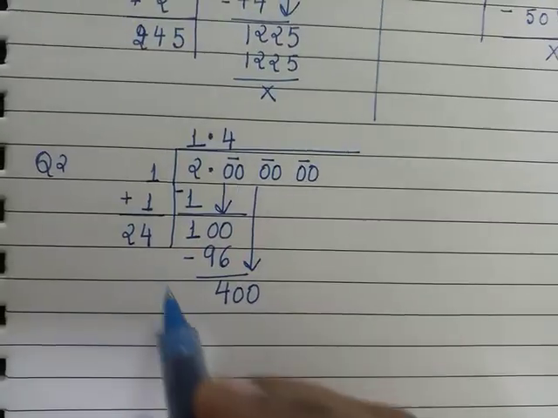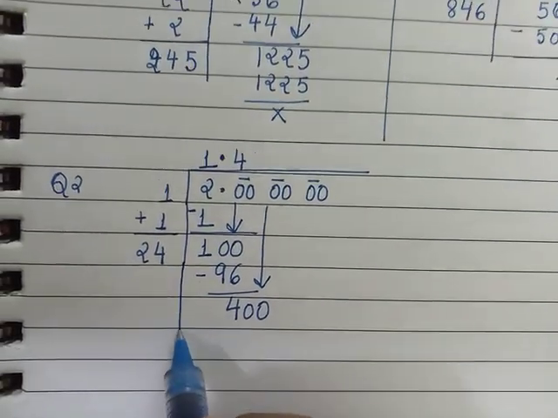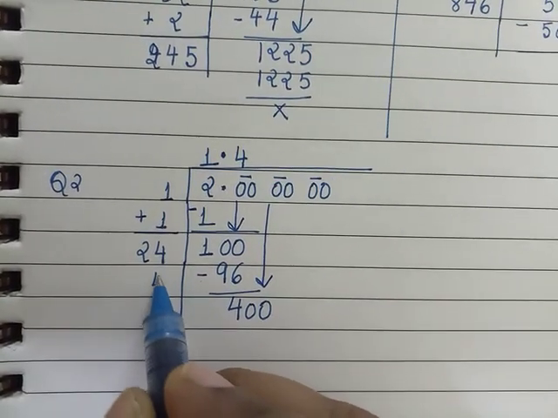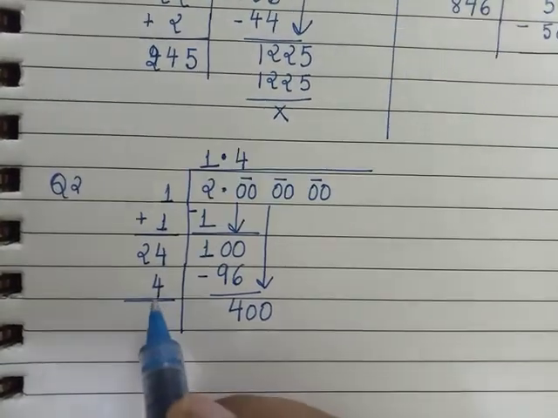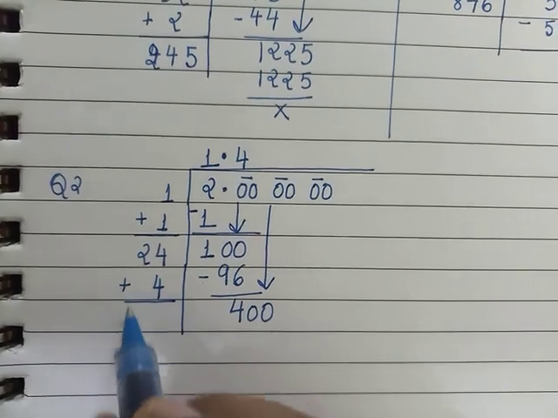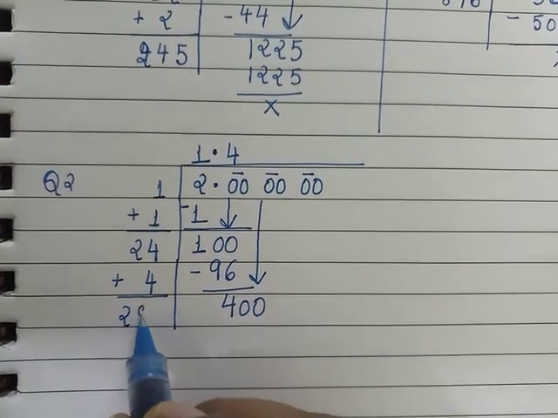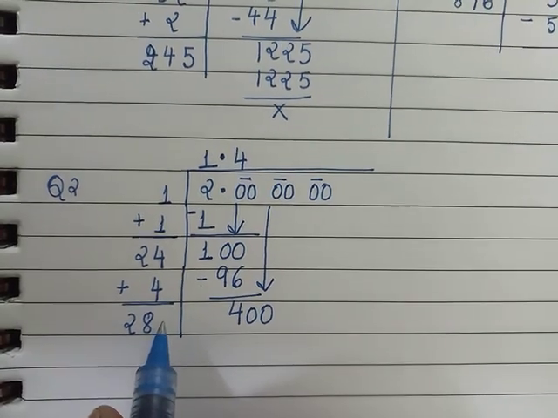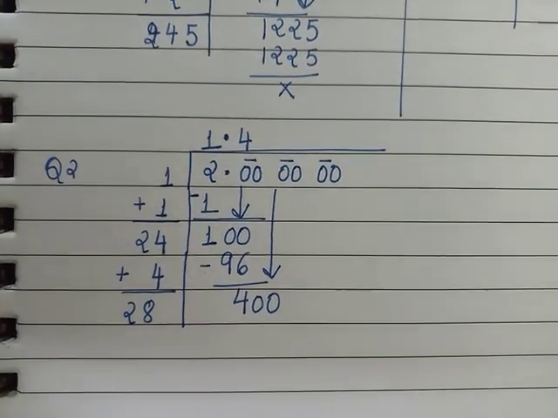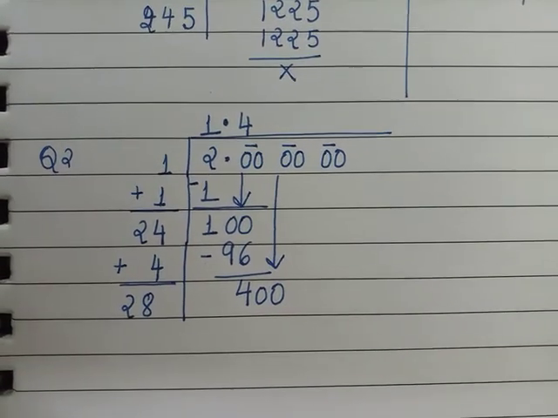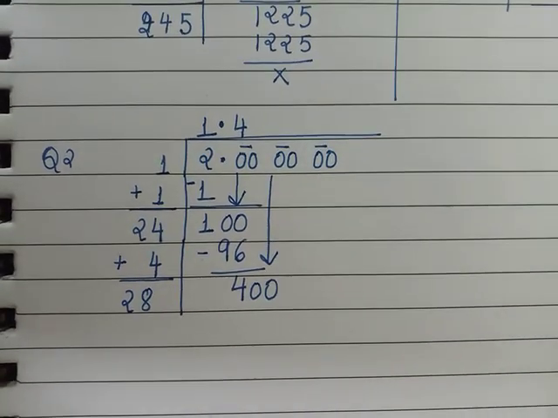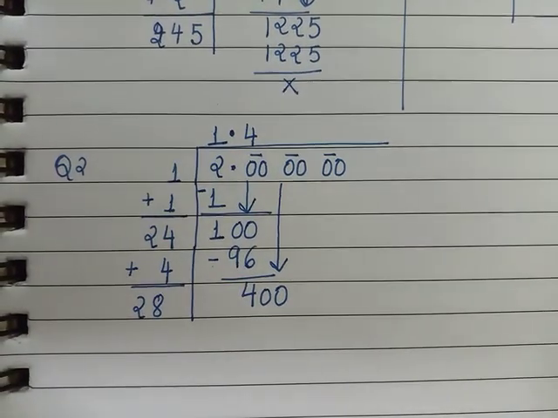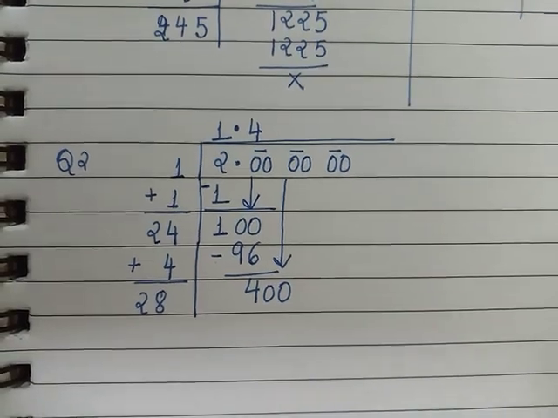For getting the new divisor, you add the 4 that you wrote in the quotient and it will become now 28. Now you have to place or affix any one such number in front of 28 so that you reach close to 400.